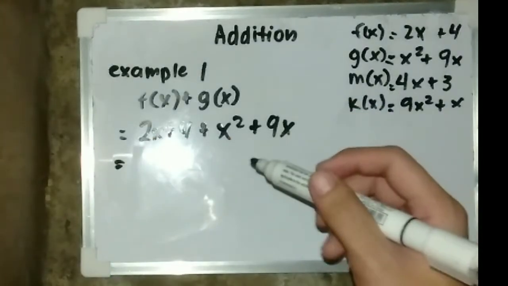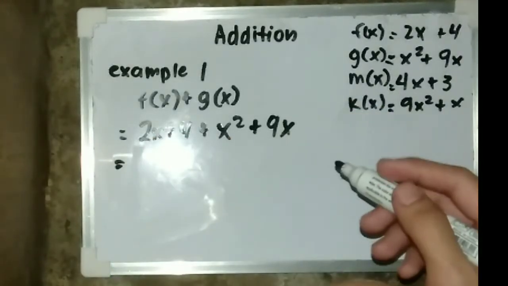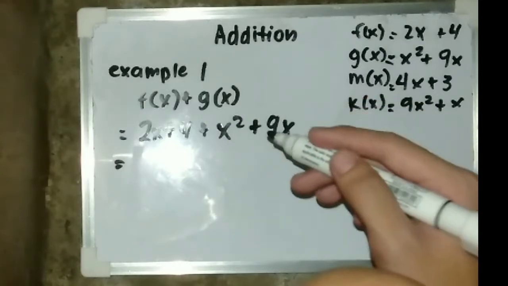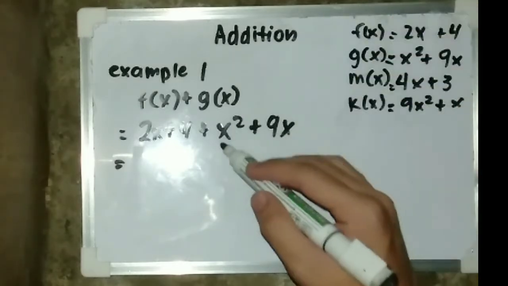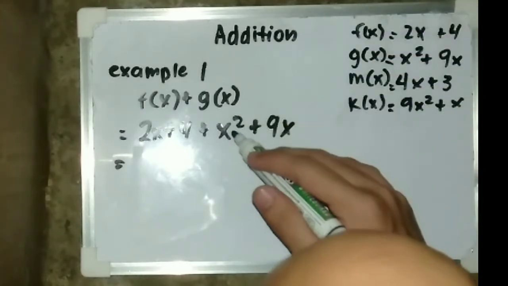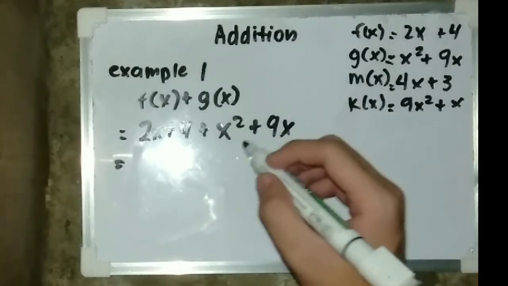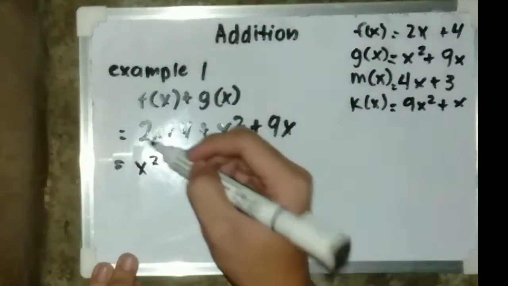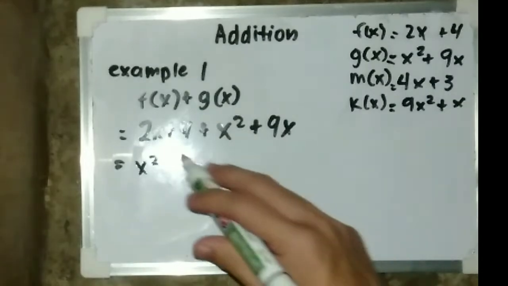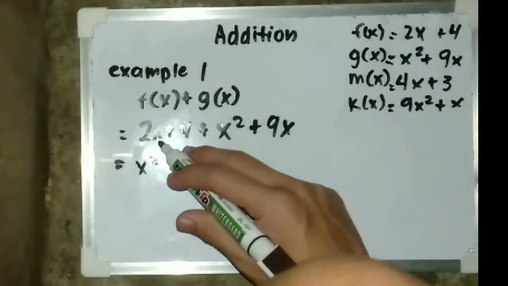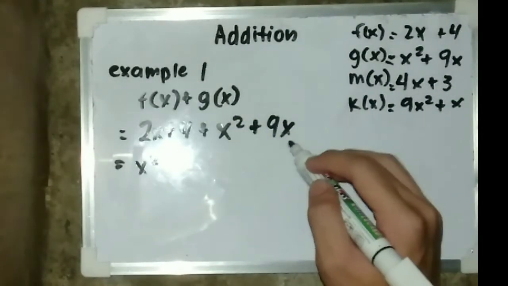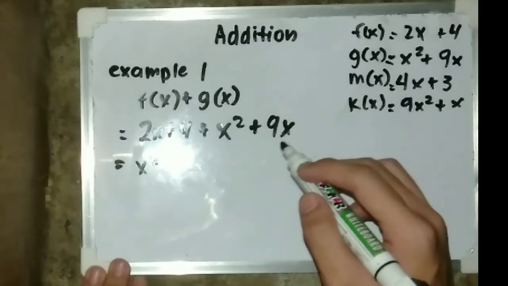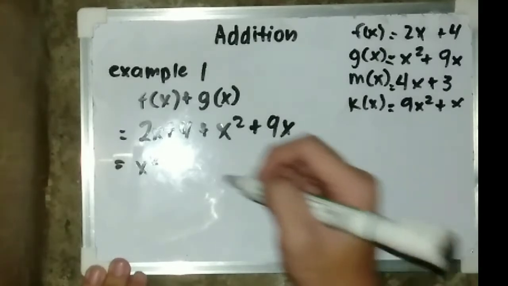So, bago po tayo mag-add, hanapin po muna natin yung kailangan mauunang term, which is yung x squared. May like term po ba ang x squared? Wala po, kaya kailangan i-bring down lang po natin siya. Then, ang next po is 2x. May like term po ba ang 2x? Yes po, meron po, which is yung 9x. 2x plus 9x is equal to 11x.